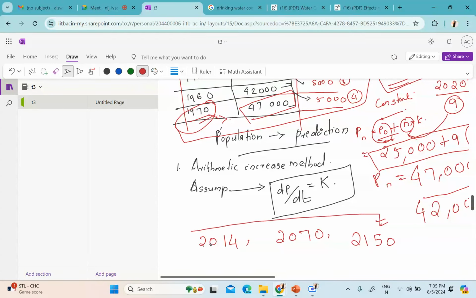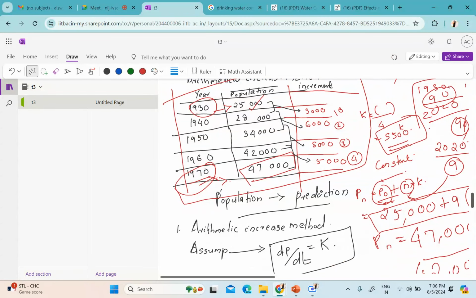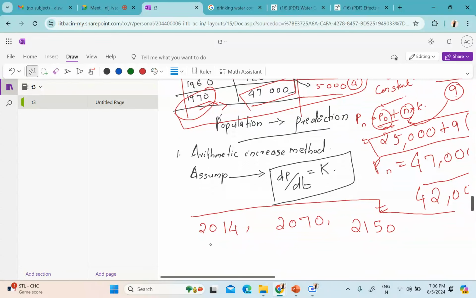So use the values mentioned in the table. K value is already given. You have to calculate the number of people on the basis of the arithmetic increment method. How many people will be there in these years? P 2014, P 2070, and P 2150.